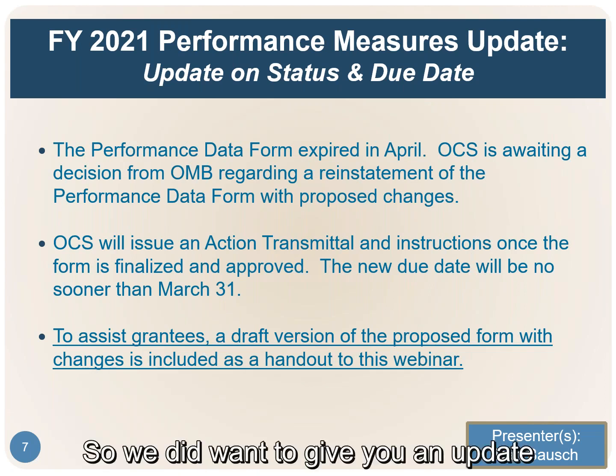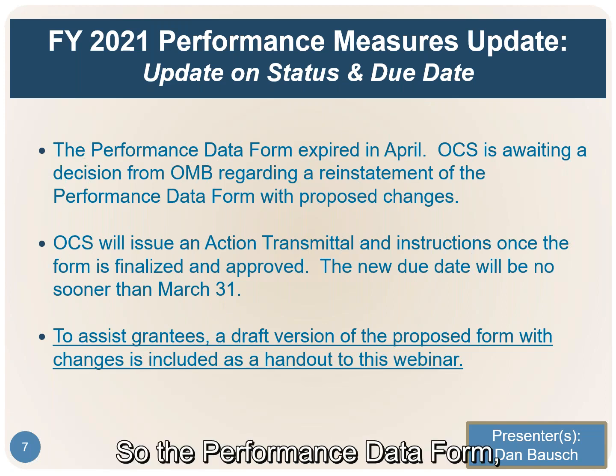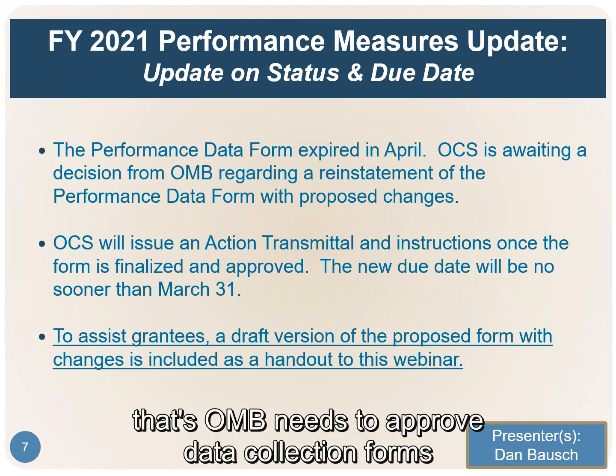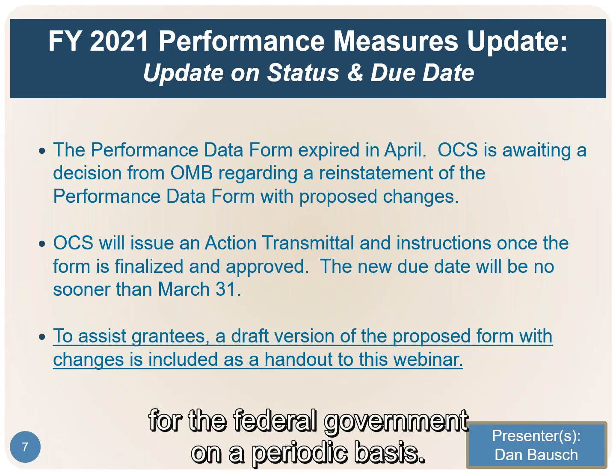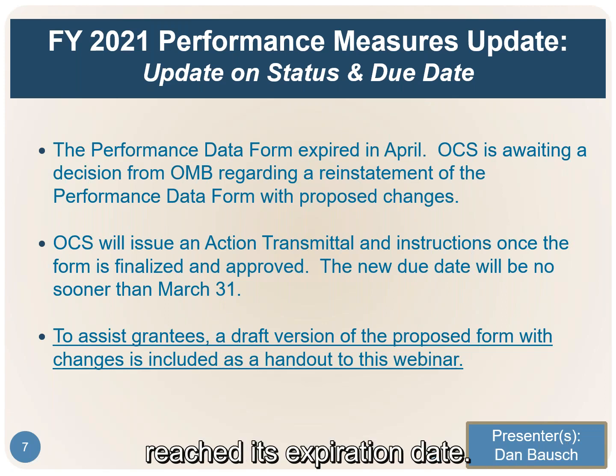So we did want to give you an update on the Performance Data Form and its status. The Performance Data Form's OMB approval expired back in April. OMB needs to approve data collection forms for the federal government on a periodic basis, and the Performance Data Form's approval reached its expiration date.